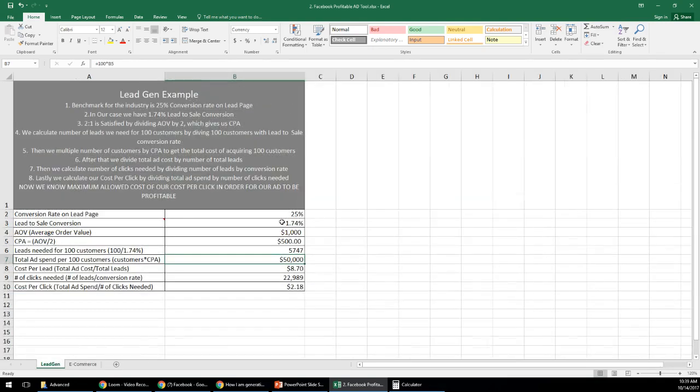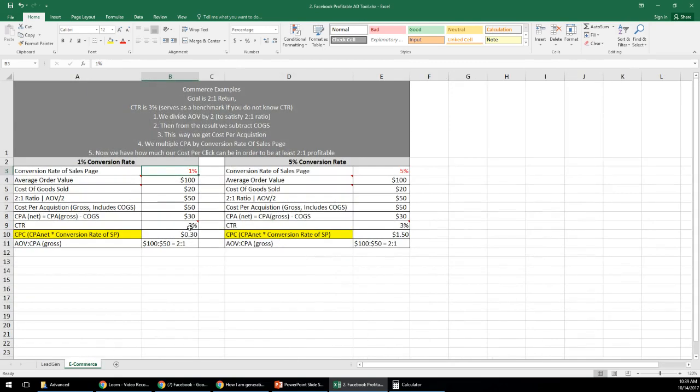We knew that out of 25%, only 1.74% will convert into paying customers. In this case, out of the 3%, and we don't know what that number is in absolute terms, is it 100, 1,000, 1% will purchase. Which leaves us with the fact that we can spend 30 cents on cost per click. Again, this goes back to, is this ratio satisfied? In this case, it is.